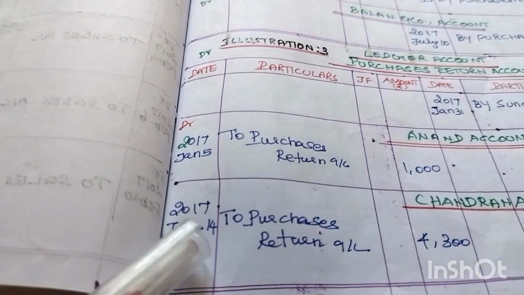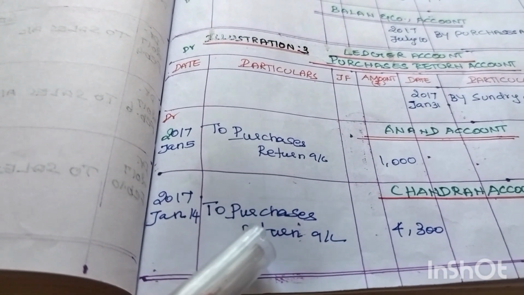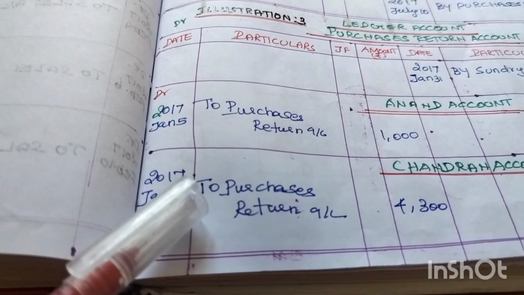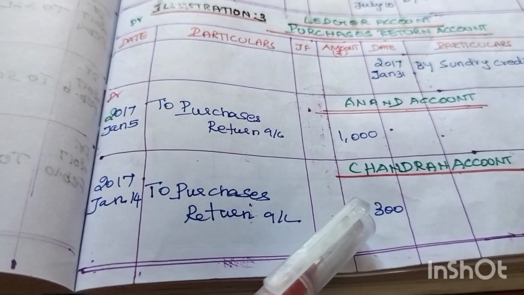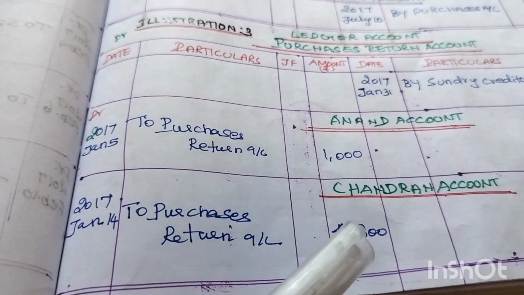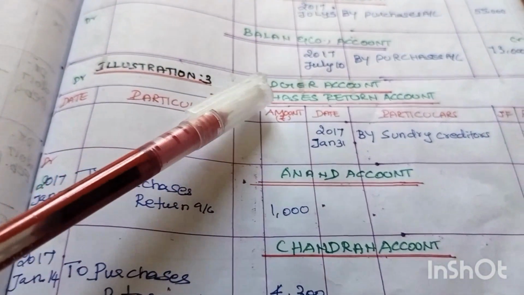What is the opposite account from the Chandran account? Purchases return account. You always start with the word 'To' on the debit side. So to purchases return account. How much worth of goods did you return to Chandran? 4300 rupees. That amount you have to enter into the amount column.